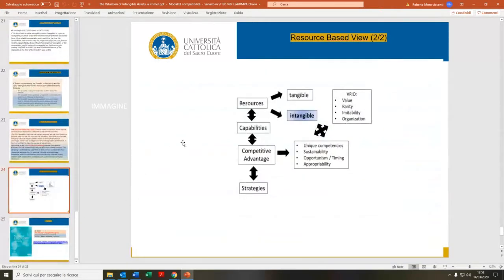We can also have this kind of resources linked to capabilities, competitive advantage given by unique competencies, sustainability, opportunism, timing, and appropriability. And then we can have a difference between tangible and intangible assets.